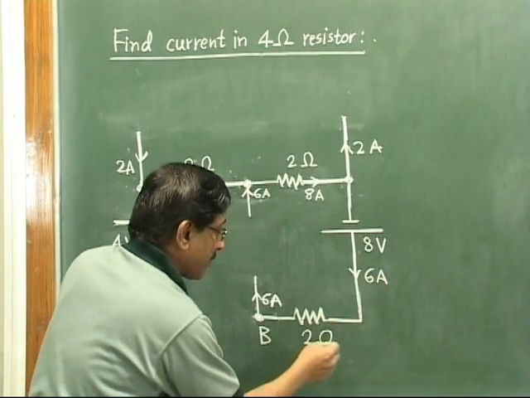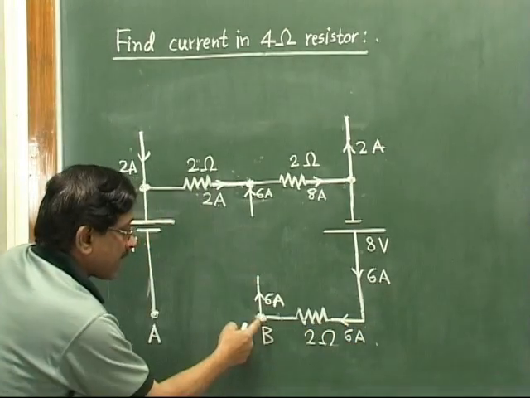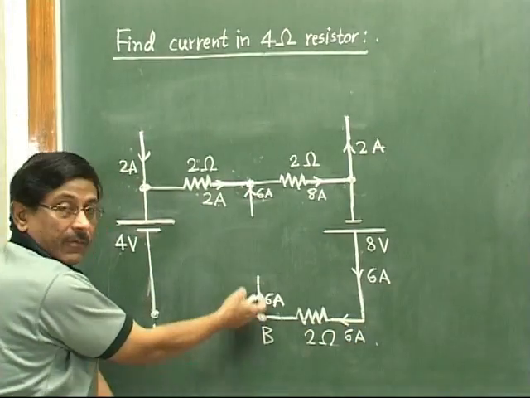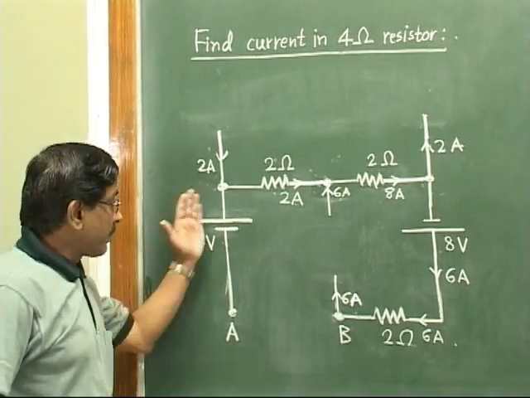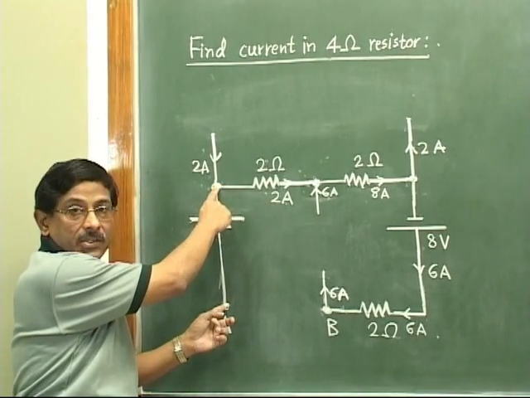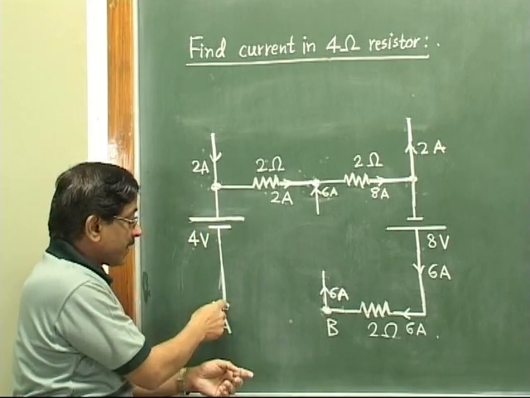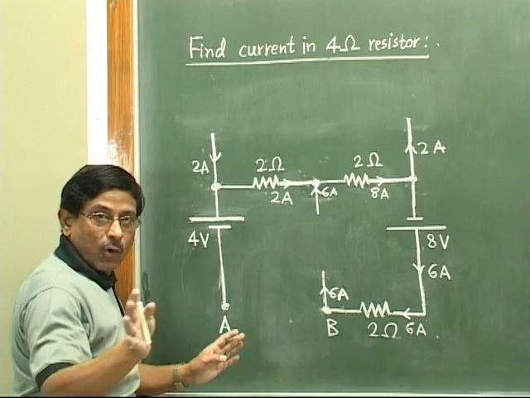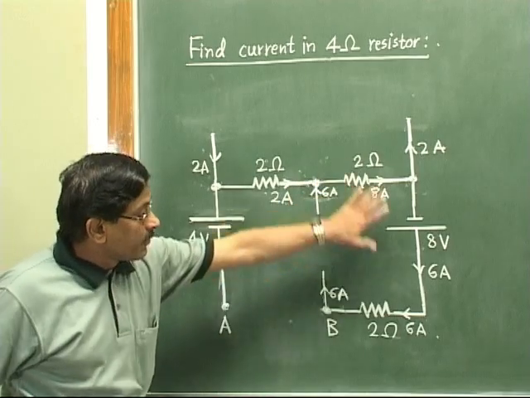Now the same 6 ampere will come like this, and you will find that this entire 6 ampere is again leaving this particular node. That means our current distribution is over. Remember again, don't distribute any current here, because after removing the load resistor, this branch remains just floating, open.